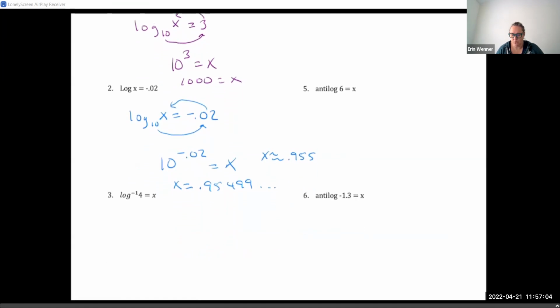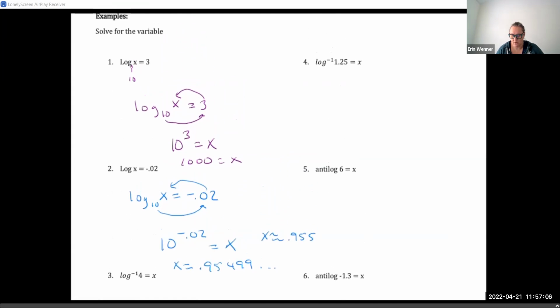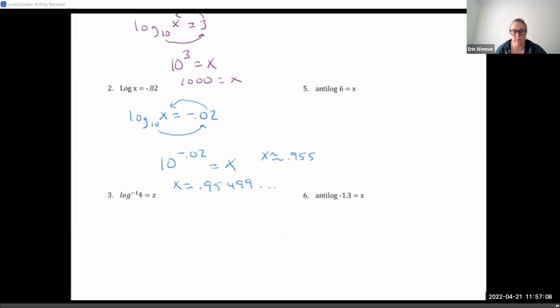So then we've got some new writing here. This is log to the negative first of 4 equals x. All this means is 10 to the 4th. That's all they're saying there, because it's the inverse of a log, and therefore it's undoing that.